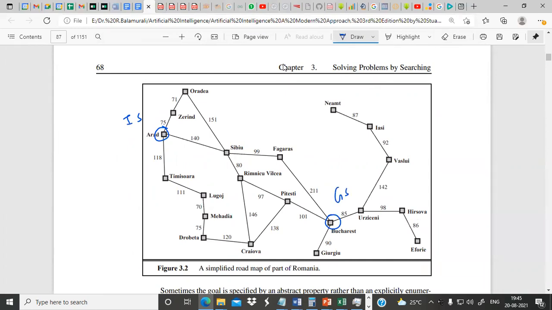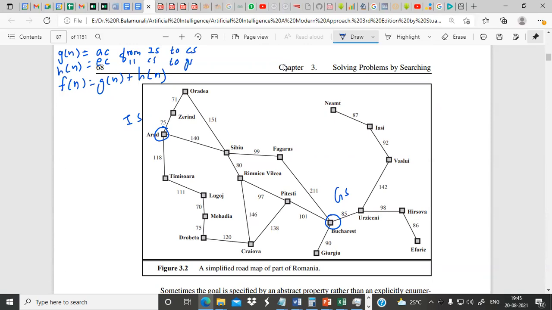Okay. So when you apply the A-star algorithm, our evaluation function is f of n equals g of n plus h of n, where g of n is the actual cost, AC, from the initial state to the current state, and h of n is the estimated cost, EC, from the current state to the goal state.